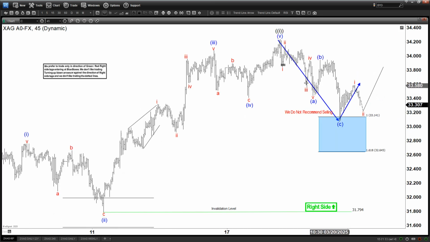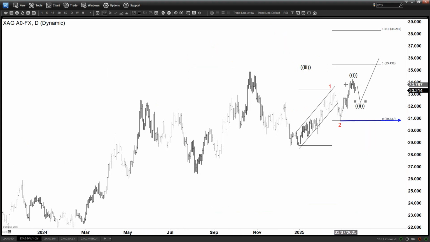So in the shorter cycle, there are options where we can do further weakness from here, but it won't change the idea that I think the buy still remains higher, because we do have a higher high from this December low here, and that we have an upside target to at least 35.4.